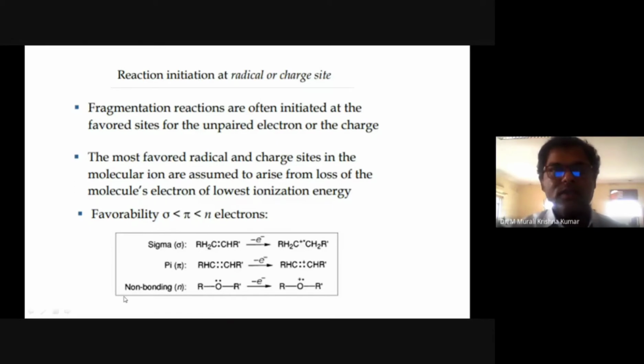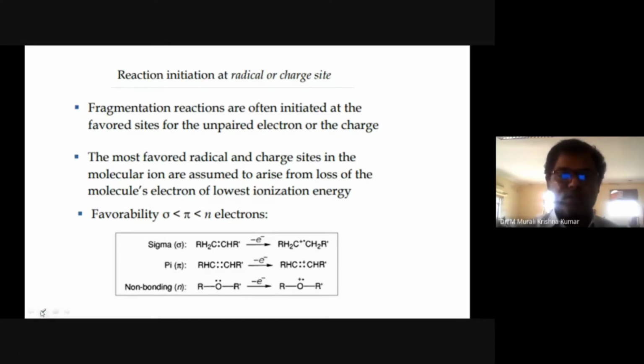It is very easy to form an ion by removing electrons from non-bonding electron-containing atoms like oxygen, sulfur, etc., that is, lone pair containing atoms. The second one is double bonds, C double bond C, C double bond O, etc. The third and least preferred is sigma.